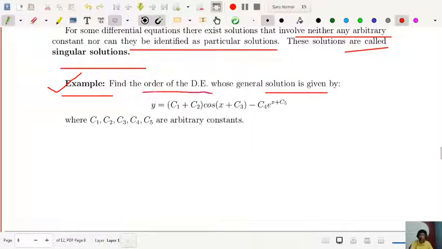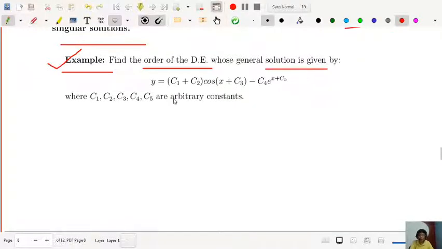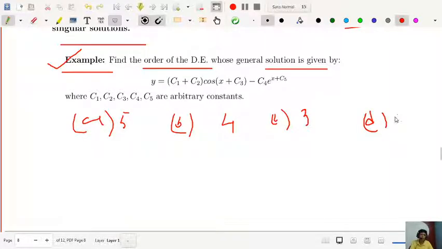You have to mention the order of the differential equation. You can see there are 5 constants. If I put an MCQ, the options will be 5, 4, 3, and the last option will be 2.